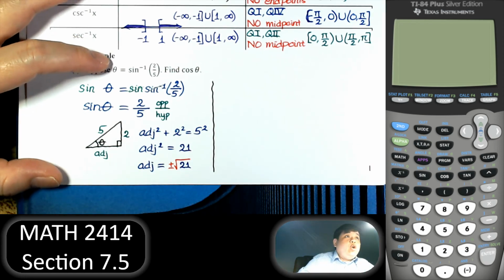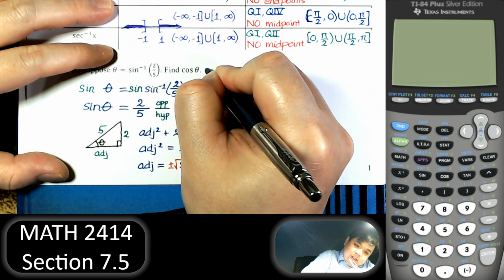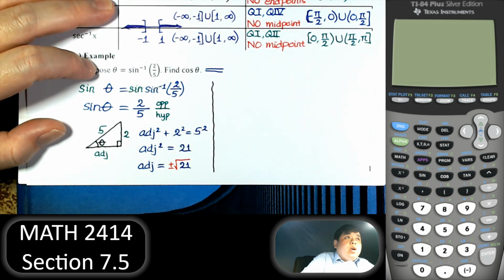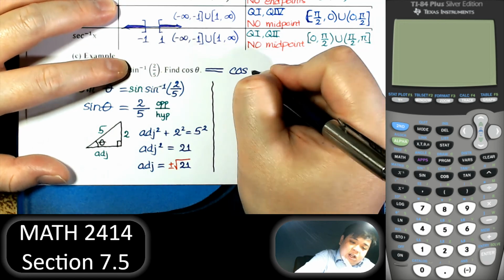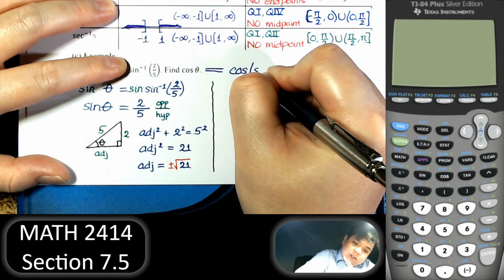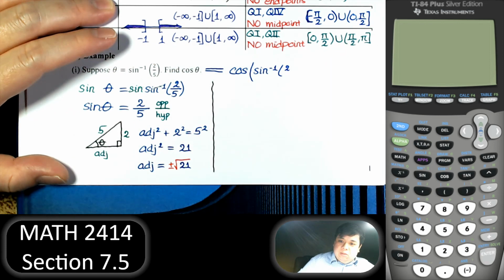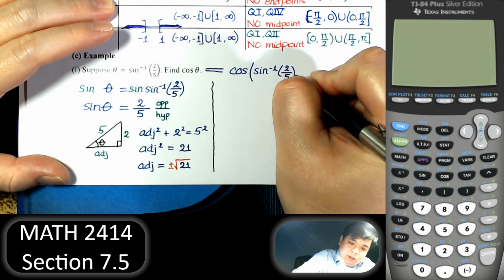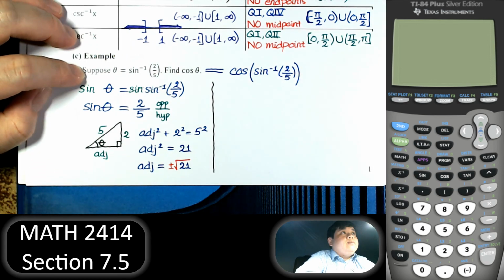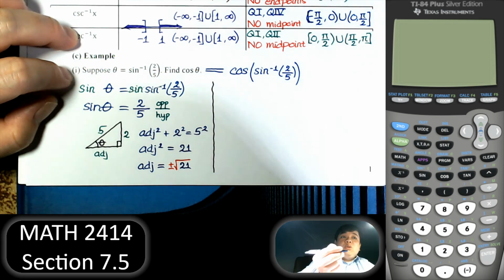Now with that we can go back to our problem and we say cosine of theta, or if we want to, cosine of theta where theta is sine inverse of that. Or just cosine of theta, actually.